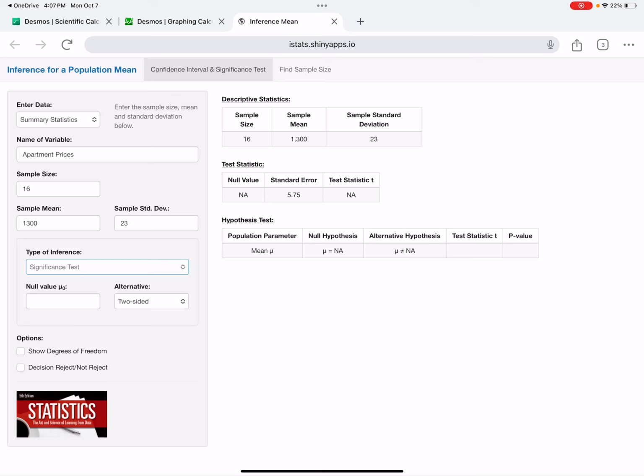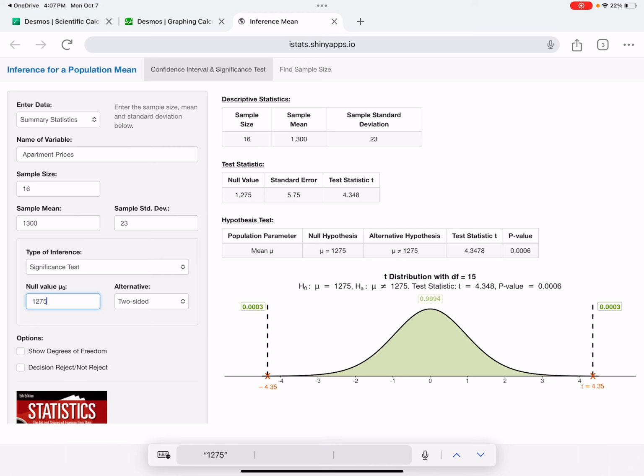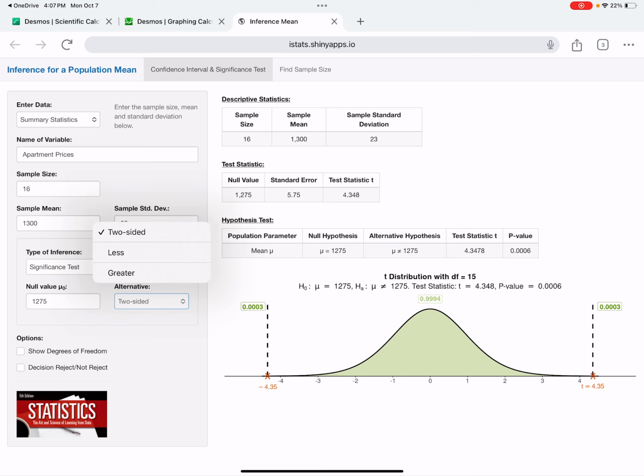In our hypothesis test, the null hypothesis is that the mean is still 1275, okay? And we don't want to run a two-sided hypothesis test. We think that the price has gone up. We think the price is greater than 1275 per month. And you can see that you get all kinds of good results here, right?